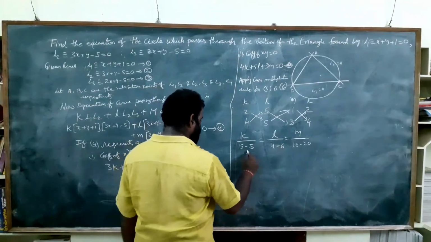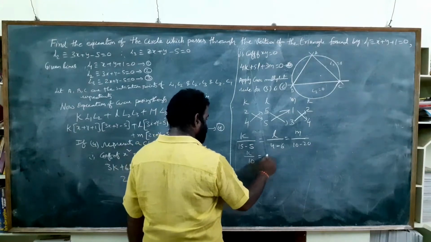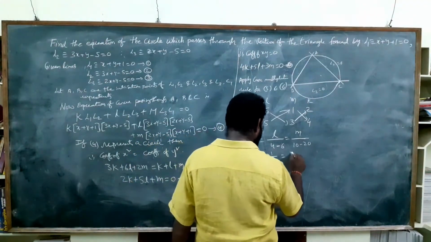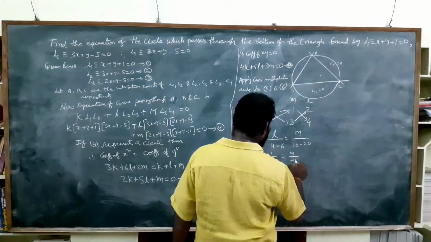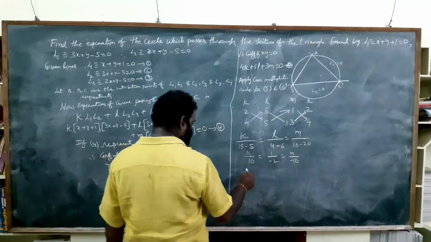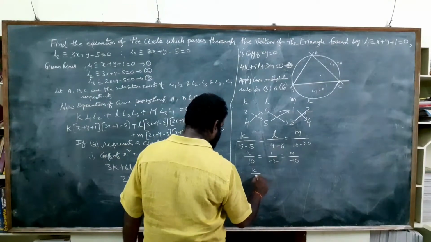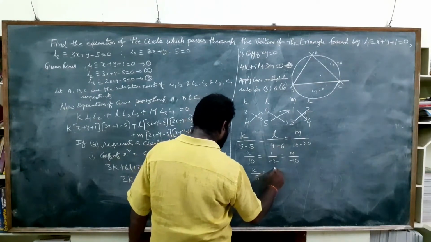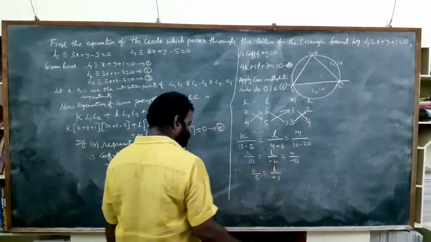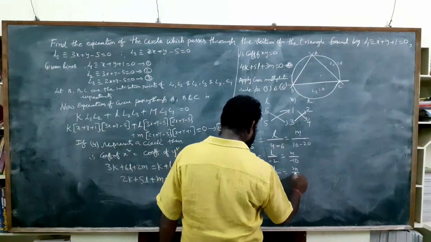So it is nothing but k by 10, l by minus 2, m by minus 10. So all these are cancelled, then it becomes k by 5, l by minus 1, m by minus 5.